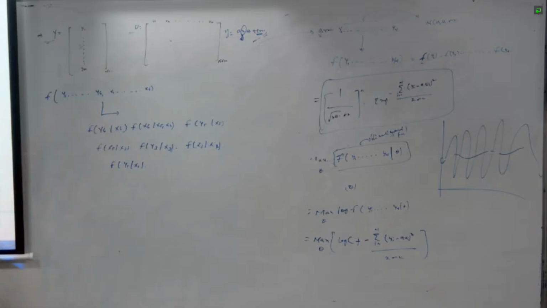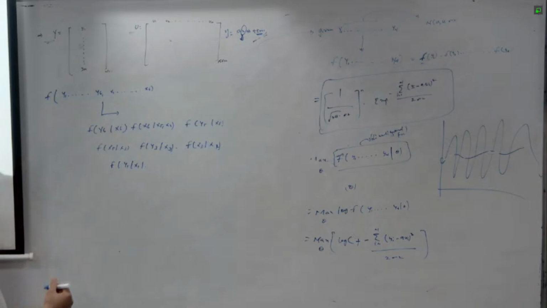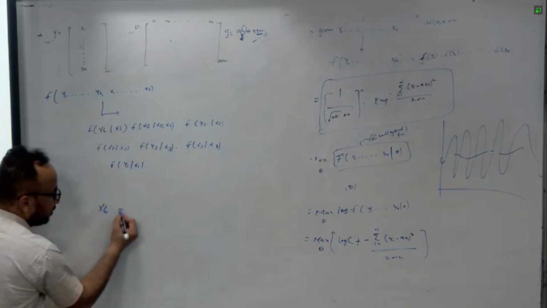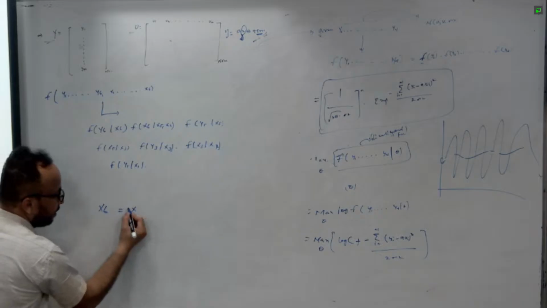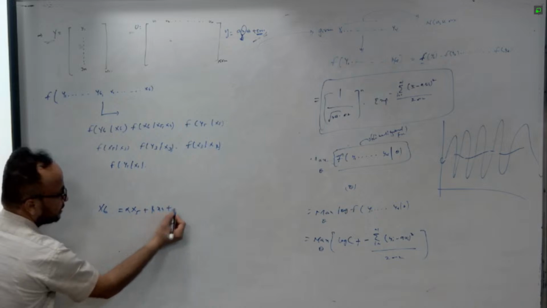So one can consider the relation between the parents, like the hidden variables, as the same Gaussian distribution with a constant mean and some parent, like the linear model. Let's suppose for the case of x6 and x5, I'm assuming that x6 is a function of alpha into x5 plus beta into x4 plus epsilon.